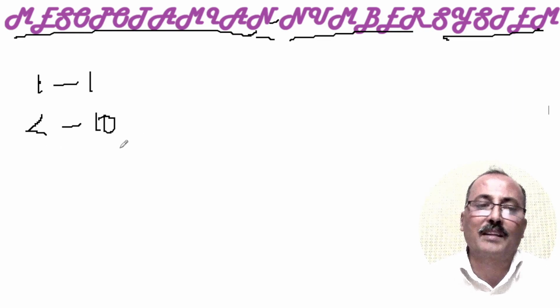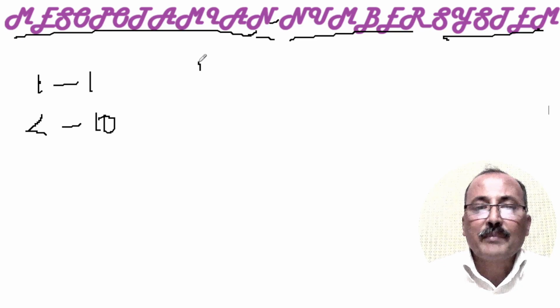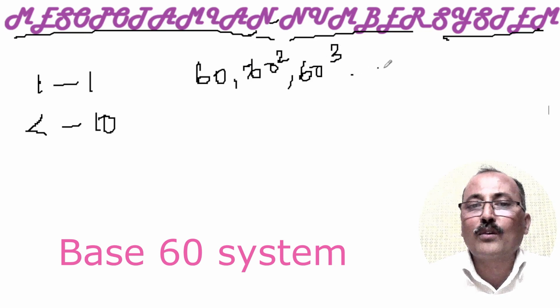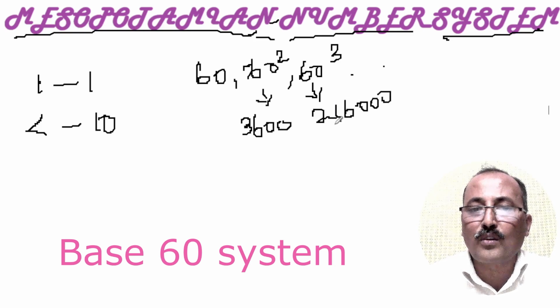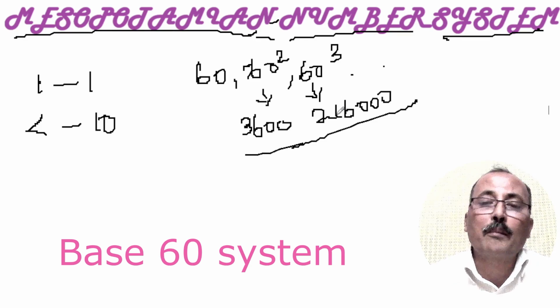But remember, they used only 60, 60 square and 60 cube. What is 60 square? 60 square is 3600. 60 cube is equal to 216000. Like this only they used. With the help of these symbols, they developed the Mesopotamian number system.